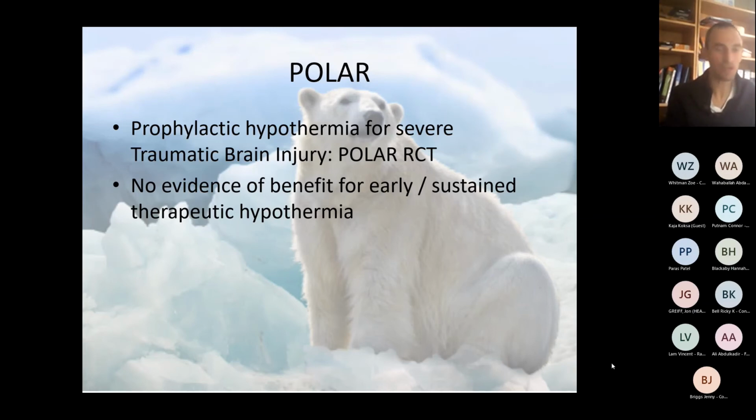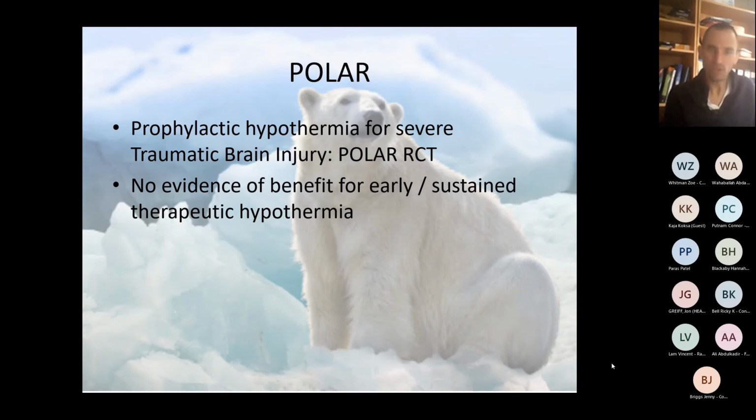These patients always had a lot of shivering and various cardiac abnormalities, and it's probably more of a relief that the latest trials like POLAR have shown that intentional therapeutic hypothermia doesn't do any good and doesn't have any benefit, and those patients have significant issues with ECG changes, and you increase their metabolic rate by making them shiver, and you often had to paralyze those patients because they were shivering so much.